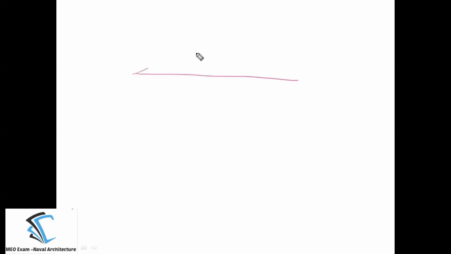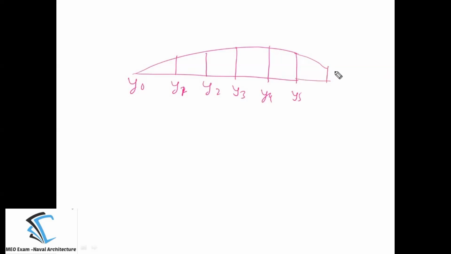Suppose I have more than 3 ordinates, and now you can take more than 5 ordinates. You have y0, y1, y2, y3, y4, y5 and y6. So how many ordinates do we have now?